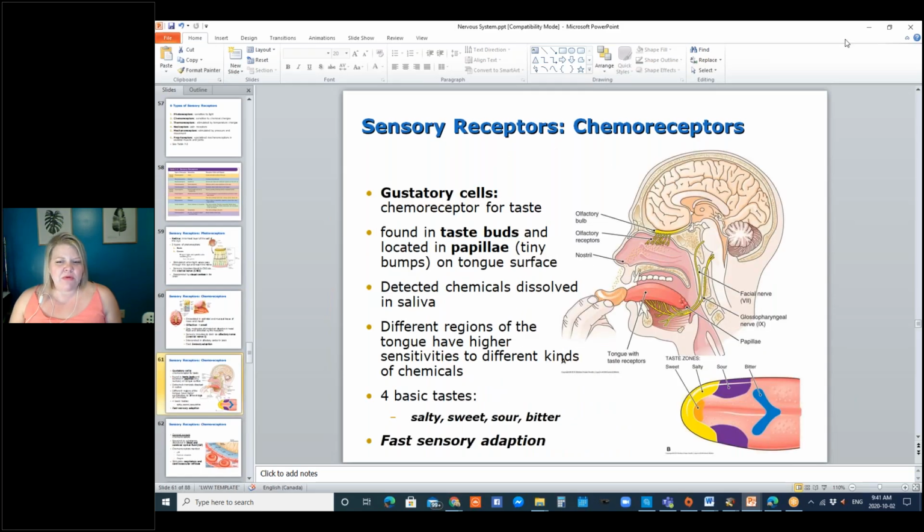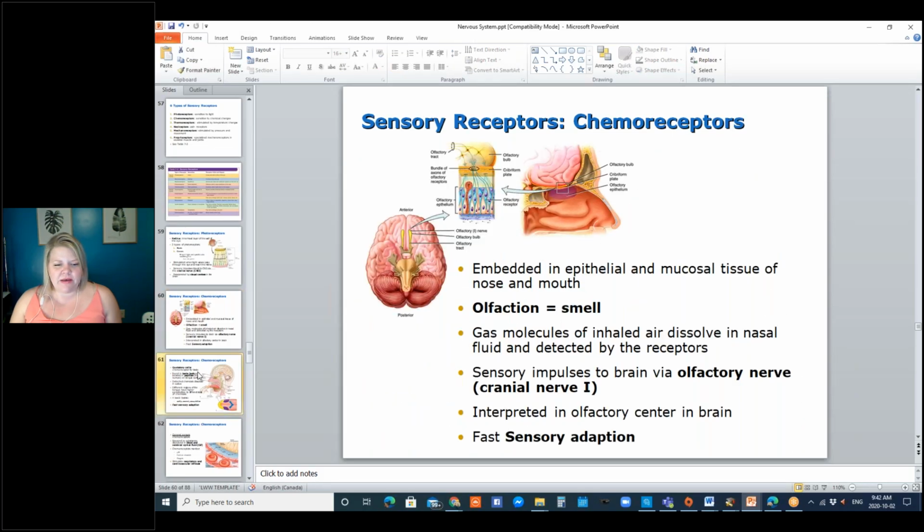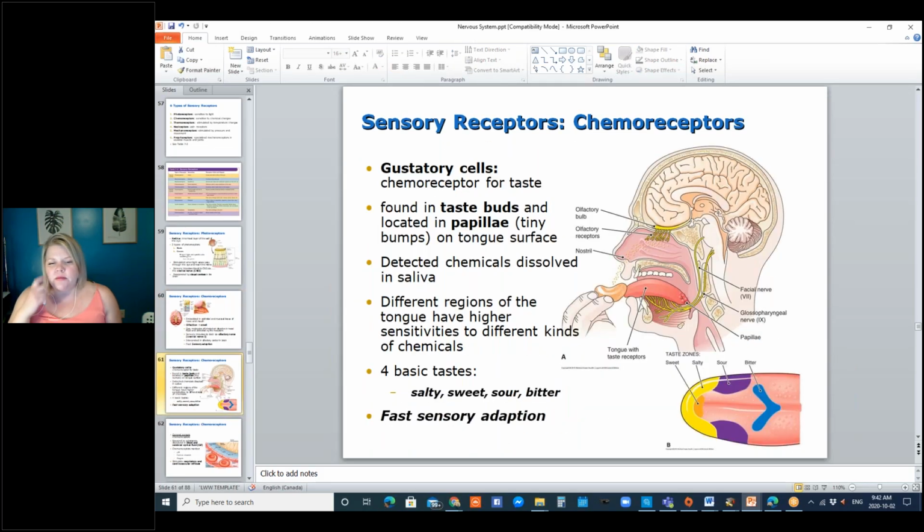We also have chemoreceptors as gustatory cells that are chemoreceptors for taste. You have taste buds all over your tongue that are located in things called papillae, which are tiny bumps on the tongue's surface. There's different regions of the tongue that have higher sensitivities to different kinds of chemicals based on these types of receptors.